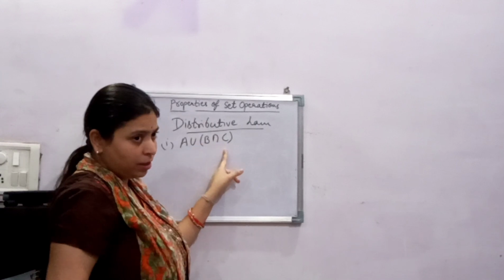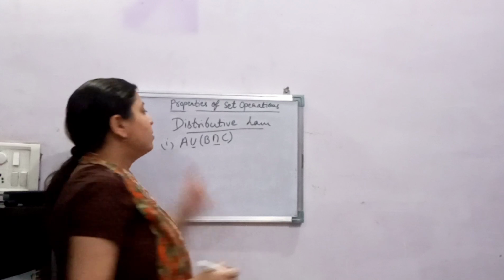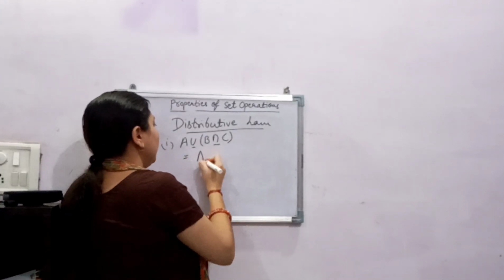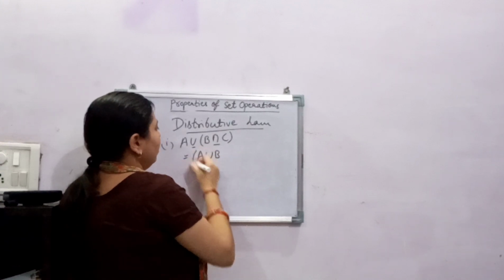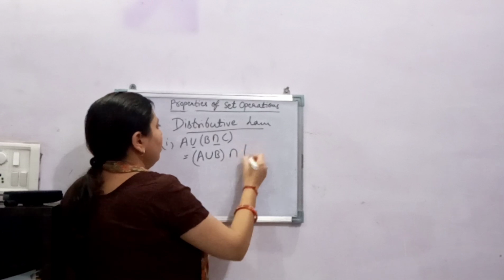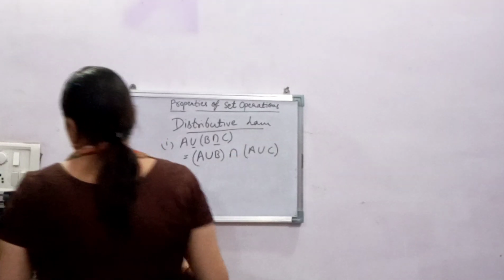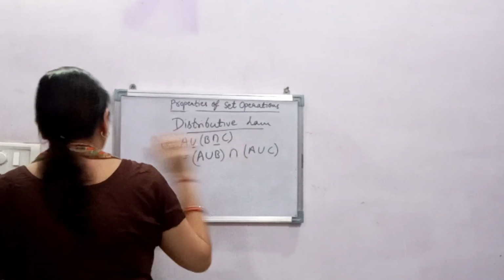Here brackets are also there and these are two different operations. Then how do we open this? We open this like (A union B) intersection (A union C). This is the first distributive law, which you can write like this.